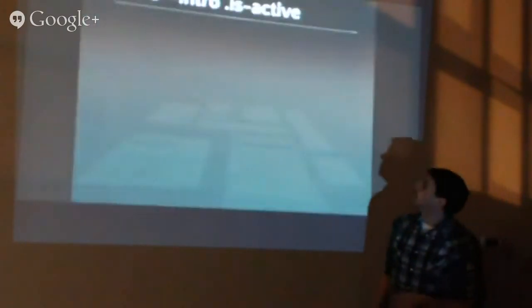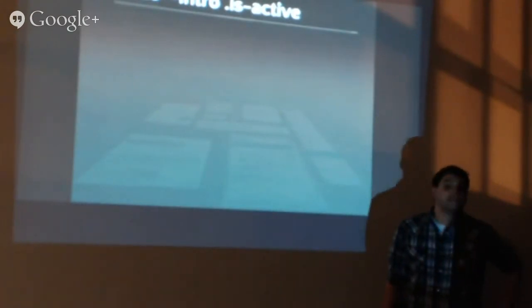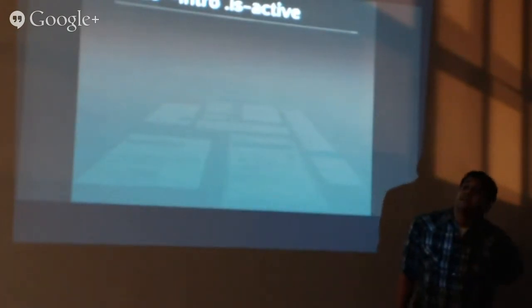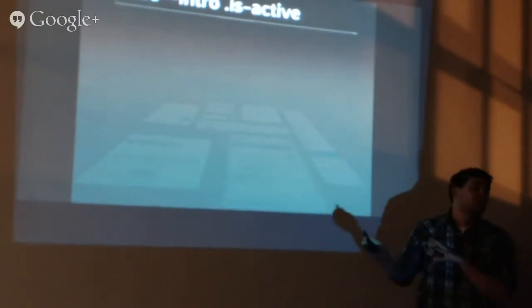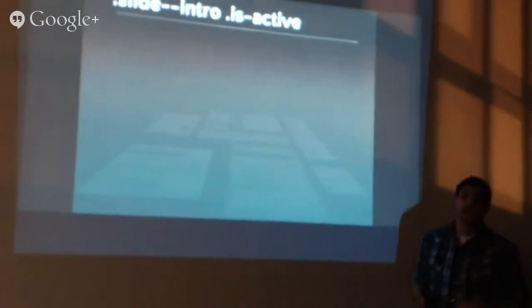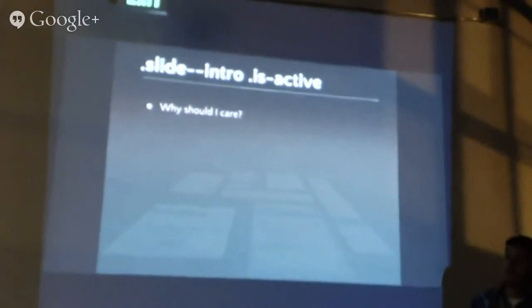Anyway, so we're going to talk about object-oriented CSS, which is, in my opinion, an amazing idea shift in how we address front-end solutions and problems. So I'm going to talk about why you should care about this, why it matters, and why I care about it.